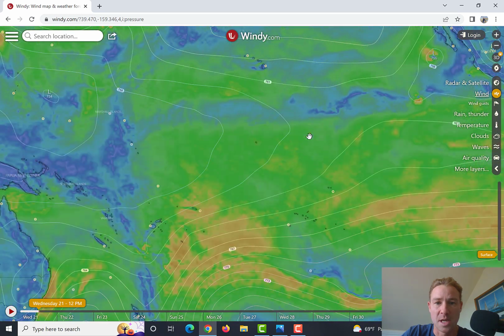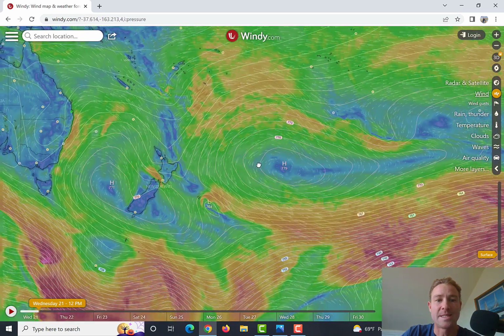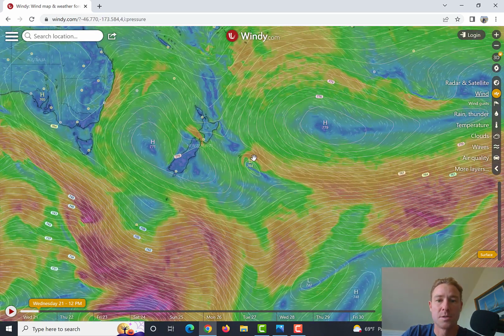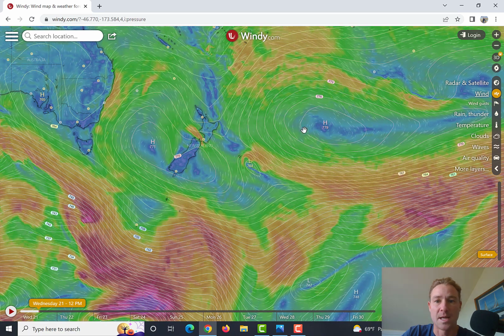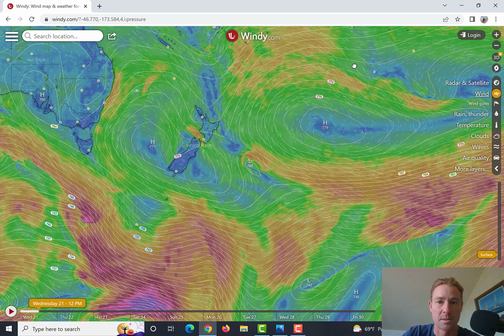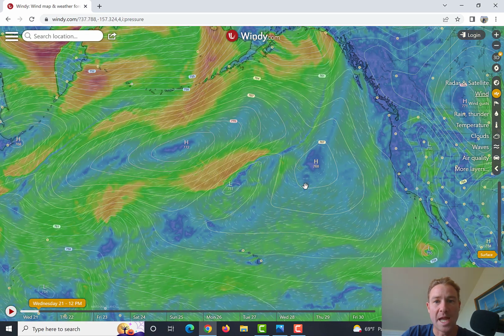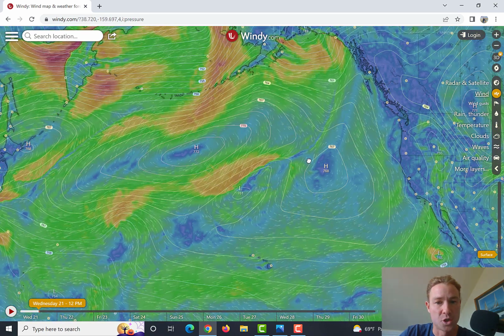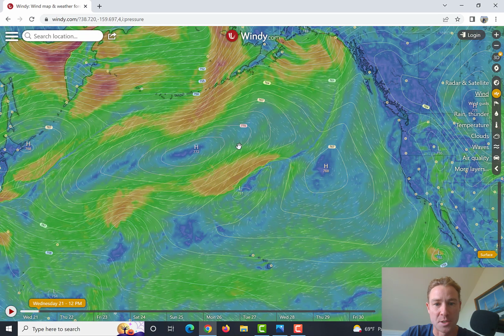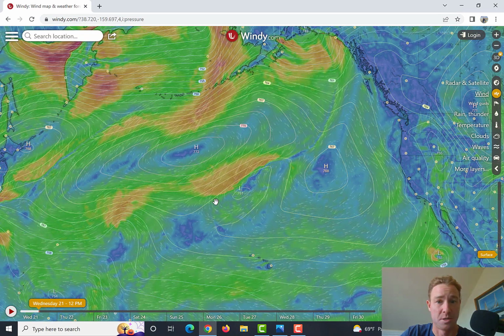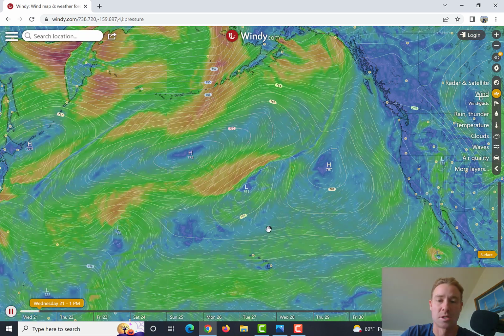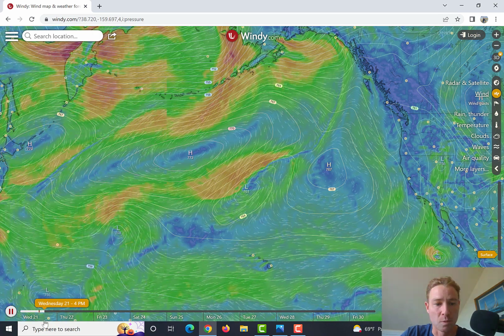In the southern hemisphere, it's the opposite. Lows turn clockwise and highs turn counterclockwise. But what you notice about this is that the areas where wind is strongest is where high pressure is moving into low pressure.